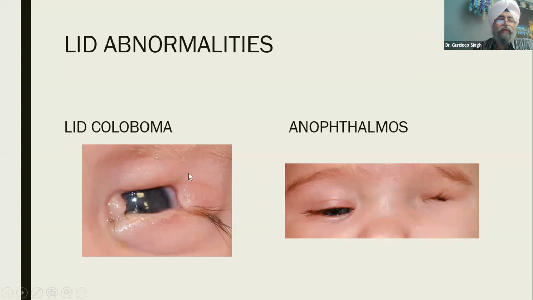But the management of this is usually surgical. That is the first thing. For our pediatrician friends, the only thing they can do at that time is try to see that the child does not have an associated problem in the cornea because of the exposure from the coloboma.